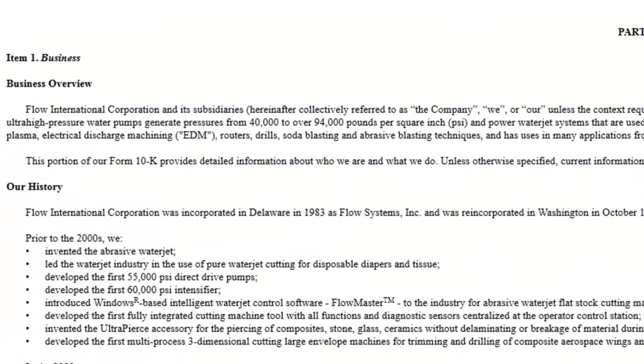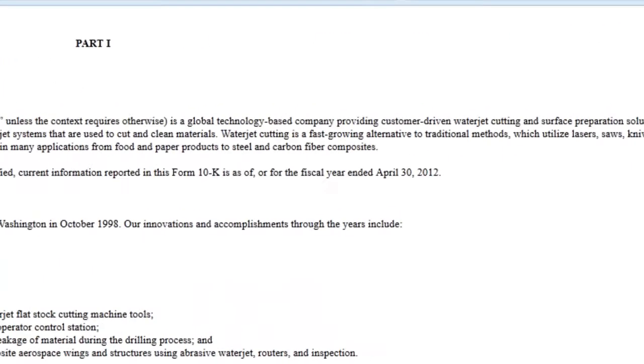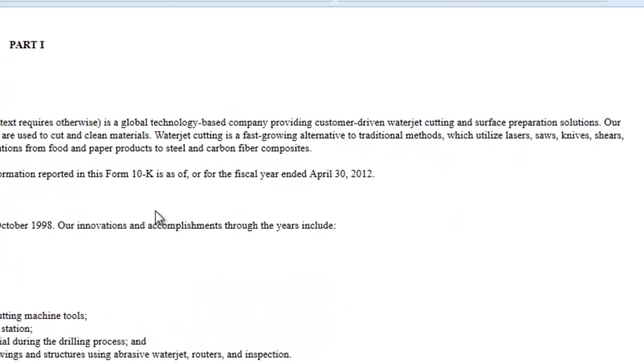The first item, the company describes its business, what the company does, whether it manufactures something or whether it provides services. In this example, Flow International Corporation is a global technology-based company providing customer-driven water jet cutting and surface preparation solutions. And we can go on and read exactly what they do.